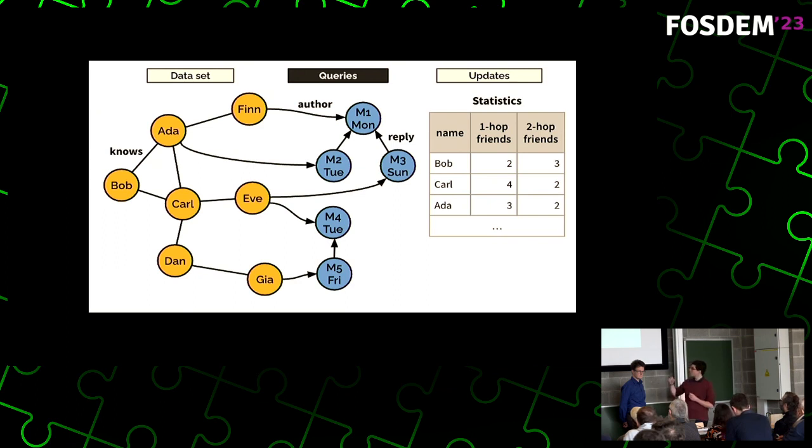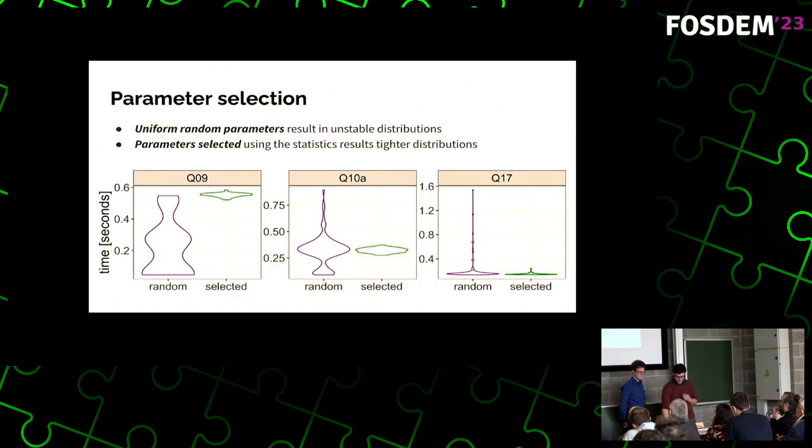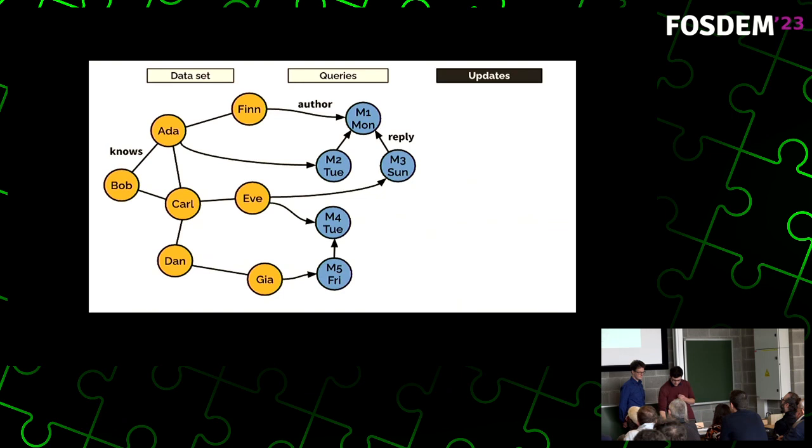And then we want to select persons with similar numbers to get more predictable runtimes. And so if we do that, then we can see here an example that we have unimodal distributions with very tight runtimes. And that also improves understanding the behavior of the queries.